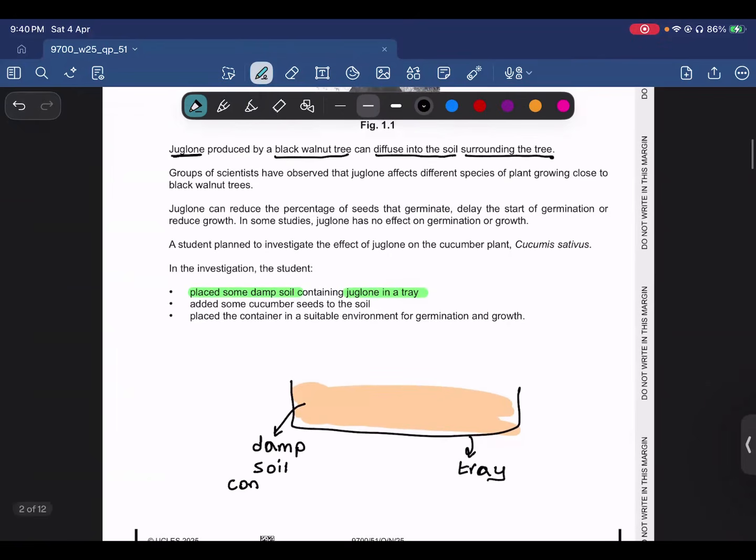Did he put the juglone chemical inside of this damp soil? So read the sentence again. He did, right? He just took a tray and then he put some wet soil. Inside it he mixed the juglone, isn't it? Yeah. So I'm going to write here damp soil containing juglone.